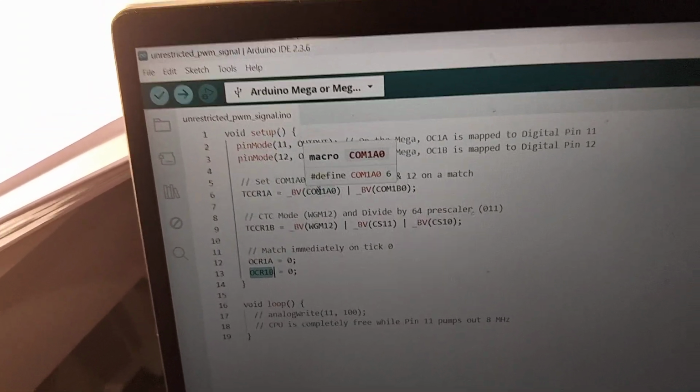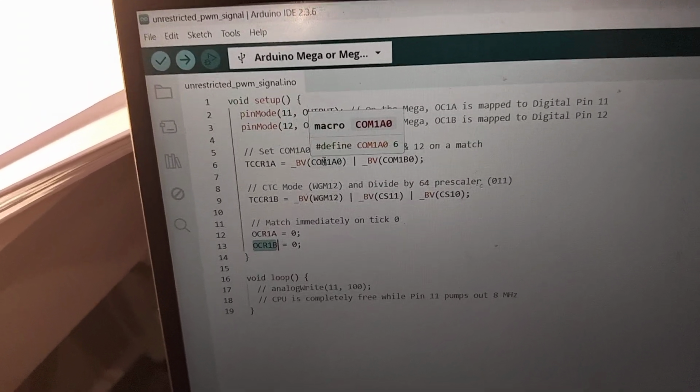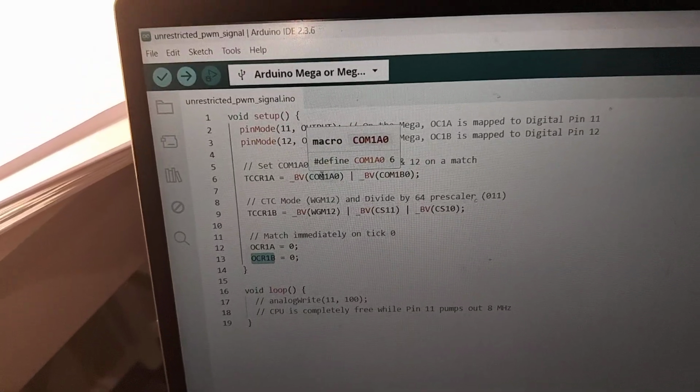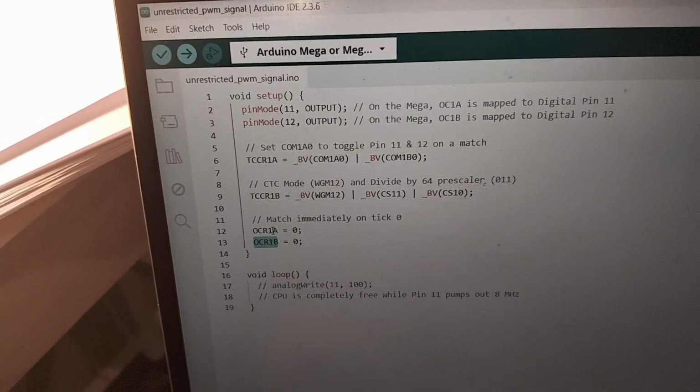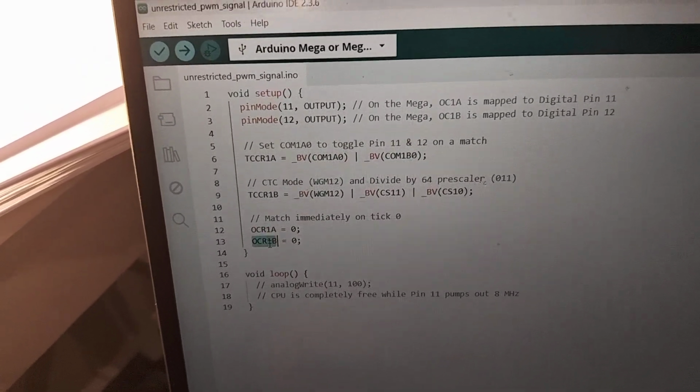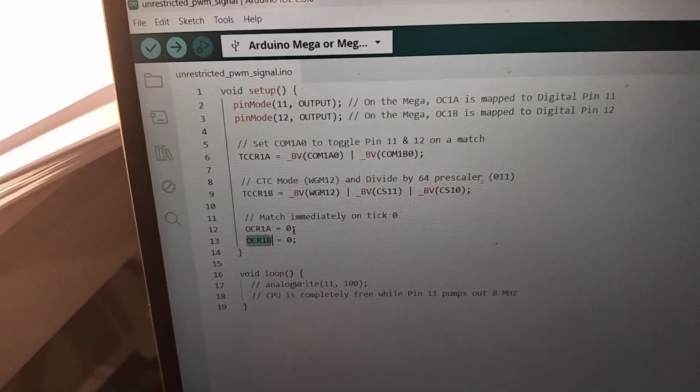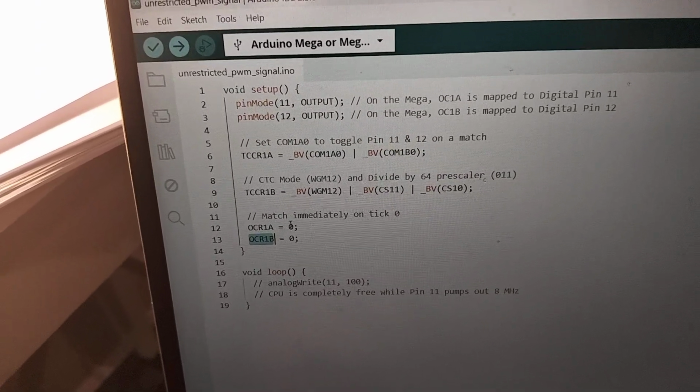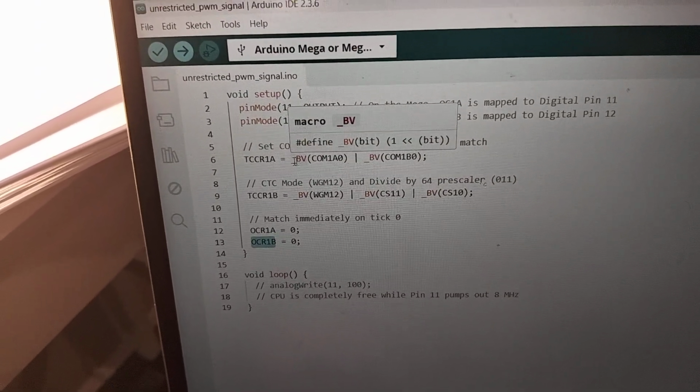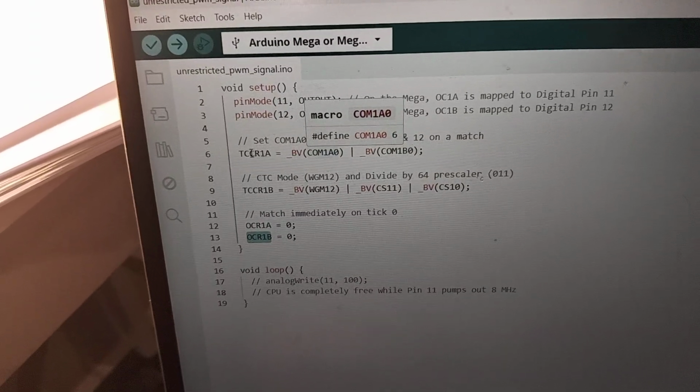and the timer ticks at 16 megahertz for this particular Arduino. Every time it ticks, it checks these two registers, and if its value is equal to this value, then it will read the 6th bit of this register.